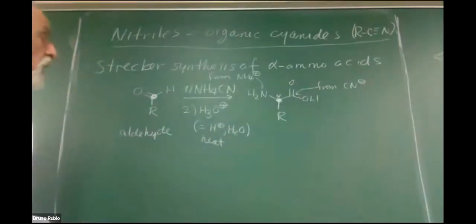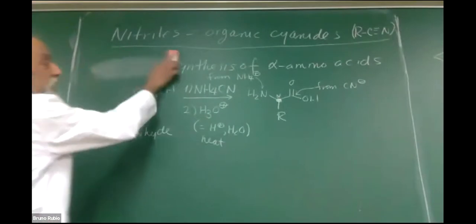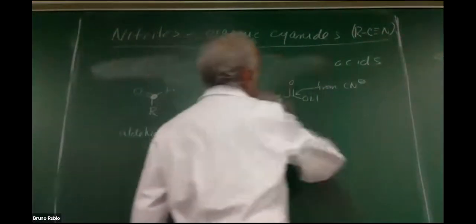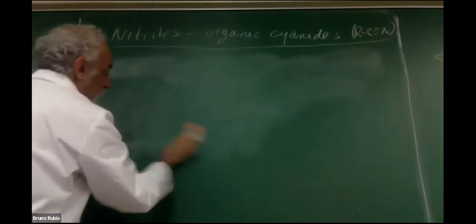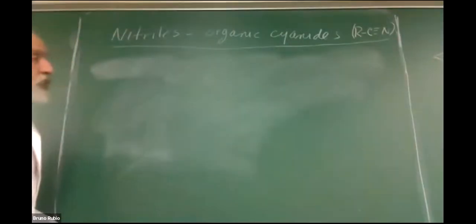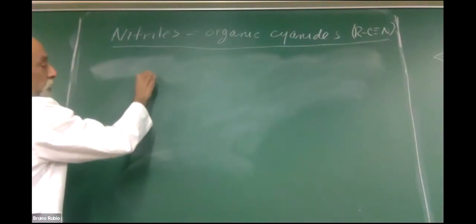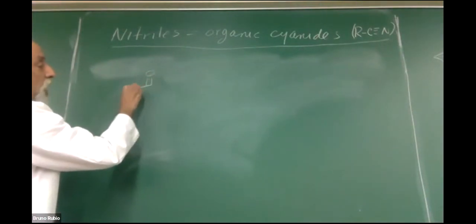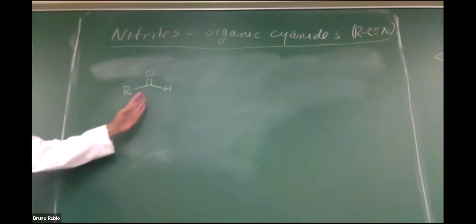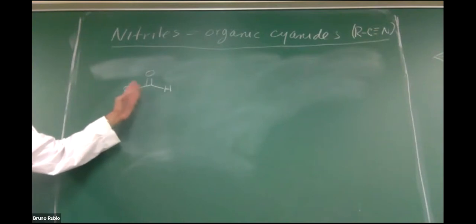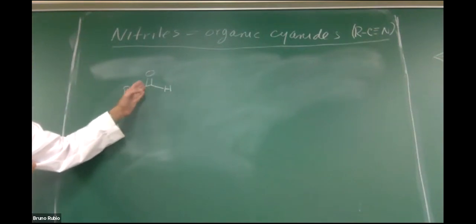Okay, so let's talk about the Strecker synthesis of the alpha amino acid. First of all, we've known for a very long time now that the carbonyl carbon of an aldehyde or a ketone or an ester or anything else is an electrophile.